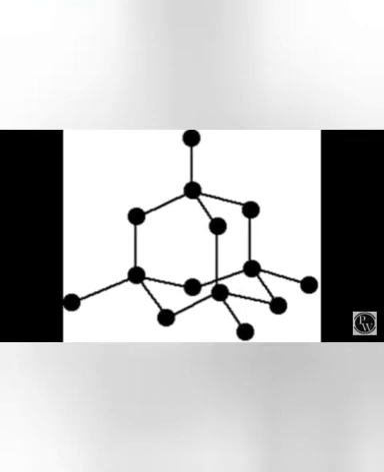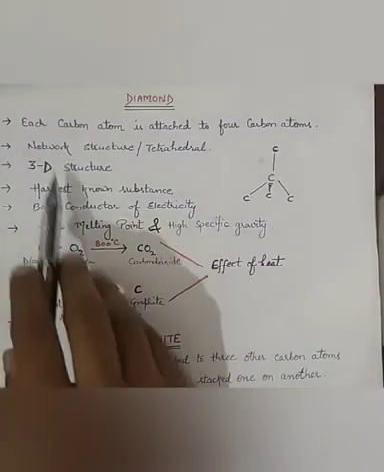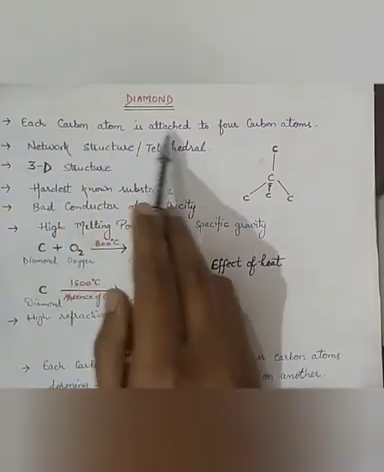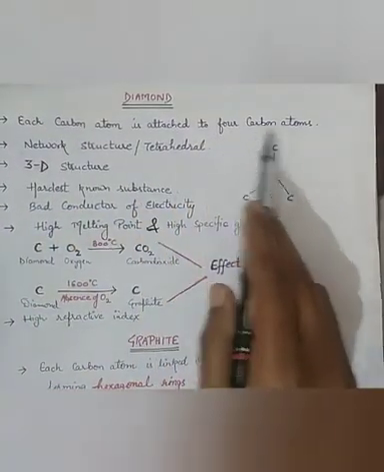Structure of diamond. If you look at its structure, it forms a giant molecule. As you can see here, each carbon atom is surrounded by 4 other carbon atoms. Each and every carbon atom is located in the center, and they are forming a tetrahedral structure. As I have told you, each carbon atom is attached to 4 carbon atoms.